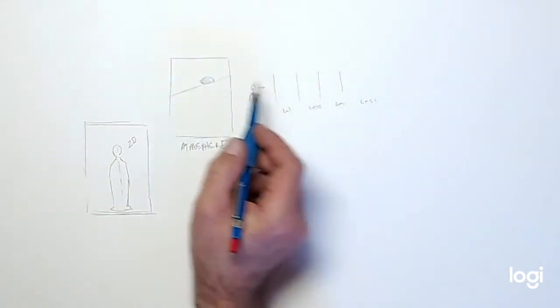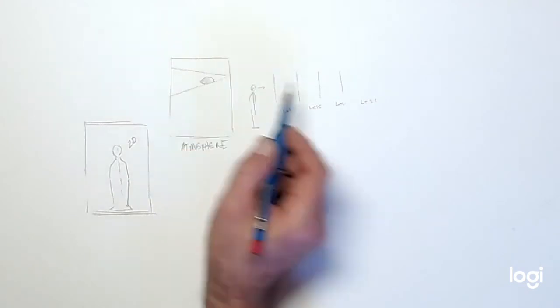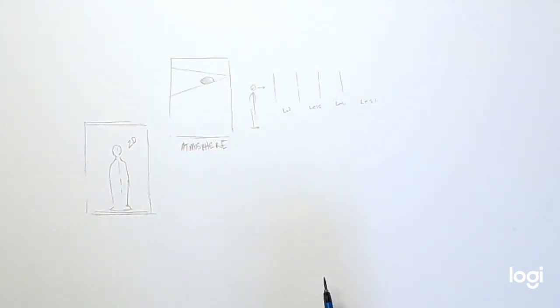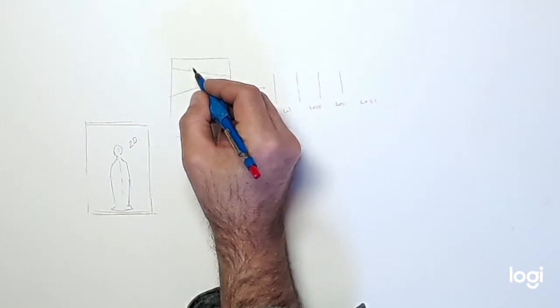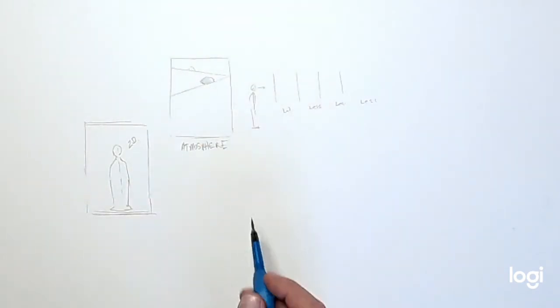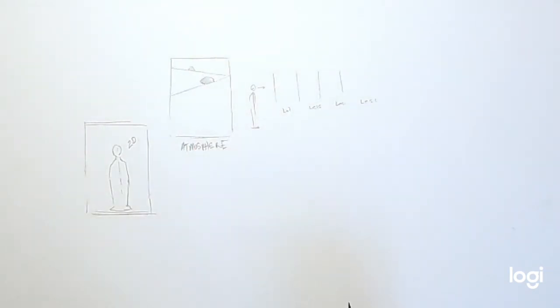Now let's say that there's a mountain range further back, like here, okay? And let's put a tree back here. Now let's say this tree is so far back that we can no longer see that it has a light and a dark side, and it just fades into medium.